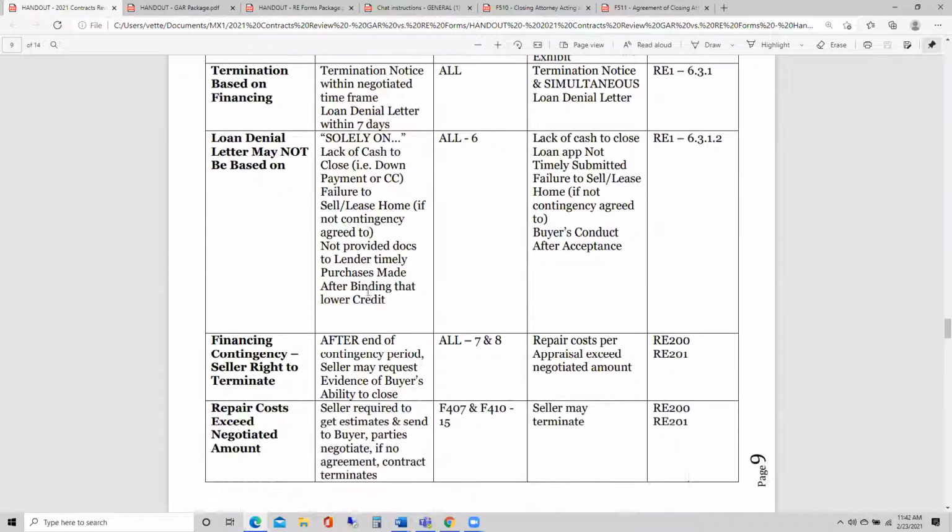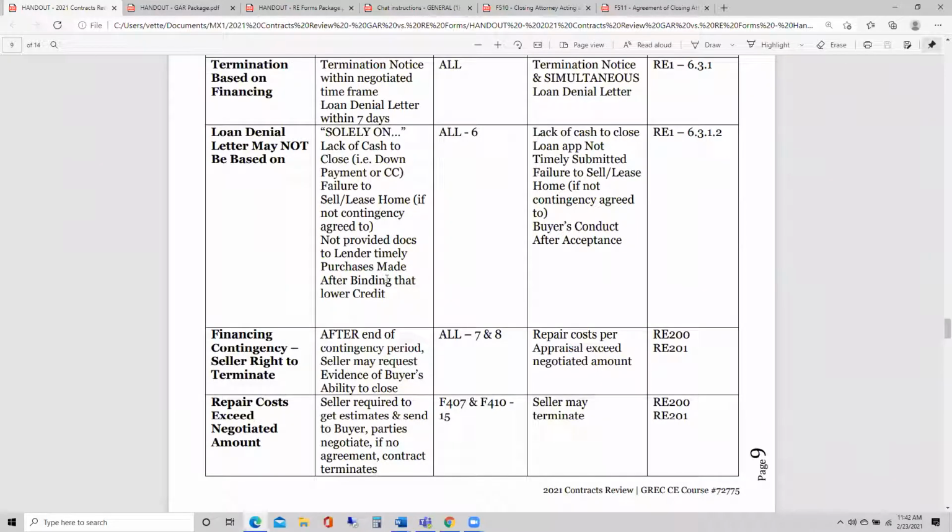Now, that loan denial letter is very specific about what must be in there, why the loan is denied, and whether the buyer's earnest money is to be protected or not. And those are very, very similar in the GAR and the RE Forms. The only difference is GAR last year added the word solely to those specifications.